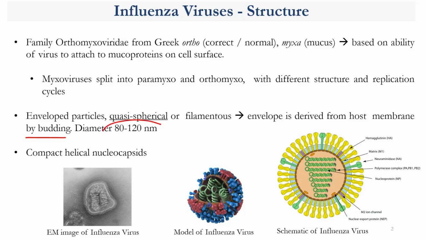And the diameter is anywhere from 80 to 120 nanometers, and they have a very compact helical set of nucleocapsids. So again, here's the EM image, here's the model, and here's the schematic. What's the one thing that stands out here in the schematic?